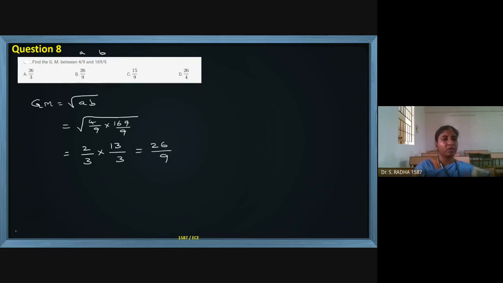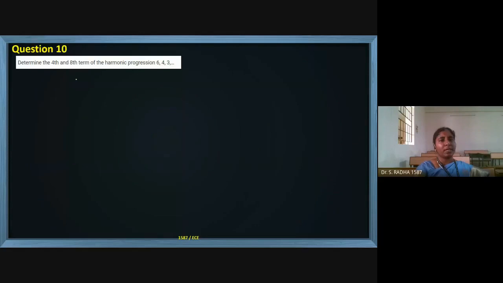Fourth term and eighth term of harmonic progression. The general representation of harmonic progression is 1 by A, 1 by A plus D, then 1 by A plus 2D, 1 by A plus 3D, and so on. This is the harmonic progression.